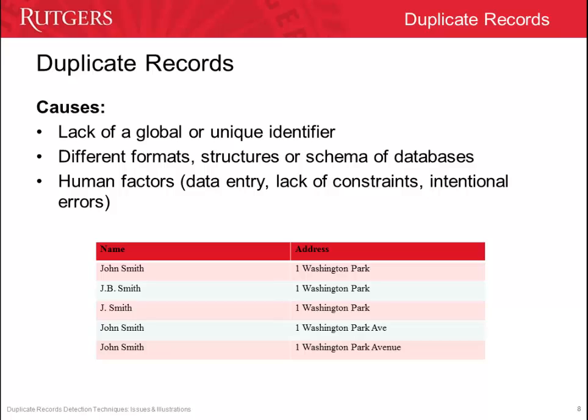Now this is not the only example. Another example would be the date format. Take the date format in the US versus a date format in Europe, where we have month, day, and year, as opposed to day, month, and year in Europe.